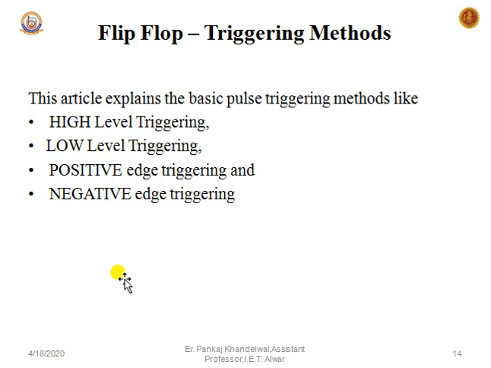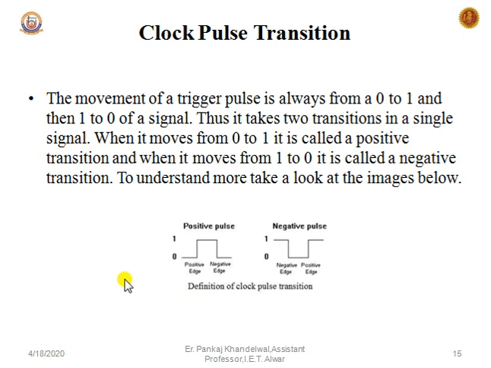Flip-flop triggering methods. This article explains the basic pulse triggering methods like high level triggering, low level triggering, positive edge triggering and negative edge triggering. The movement of a trigger pulse is always from 0 to 1, meaning we are talking about clock pulse transition.